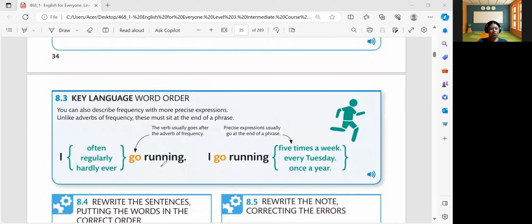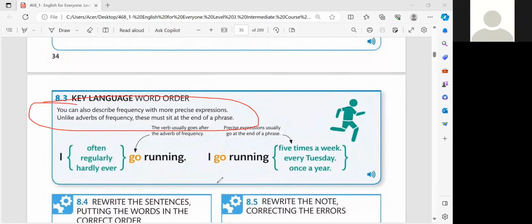So now I want you to read the first sentences here at the top. Yes, can you read that one? You can also describe frequency with more precise expressions. Unlike adverbs of frequency, these must sit at the end of a phrase.